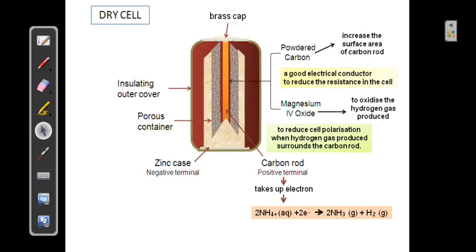So at the carbon rod, they will take up all the electrons. In this case, 2 NH4 positive in aqueous will receive 2 electrons and yield 2 NH3 in gas form, plus hydrogen gas.